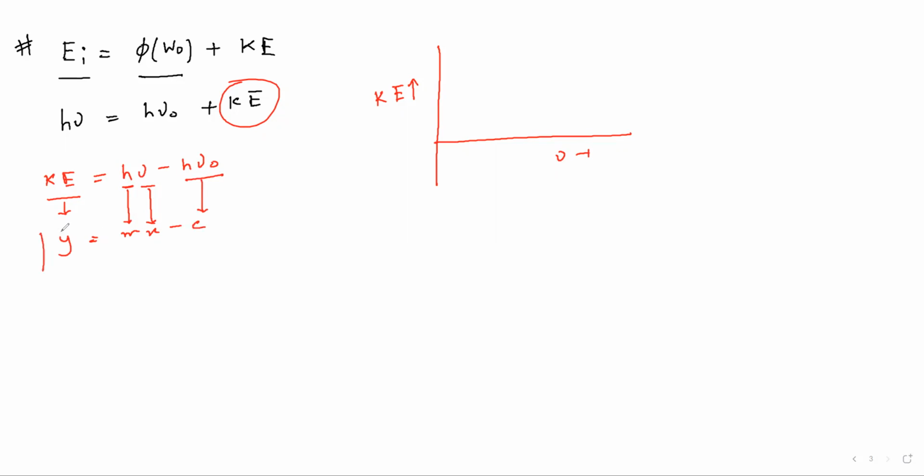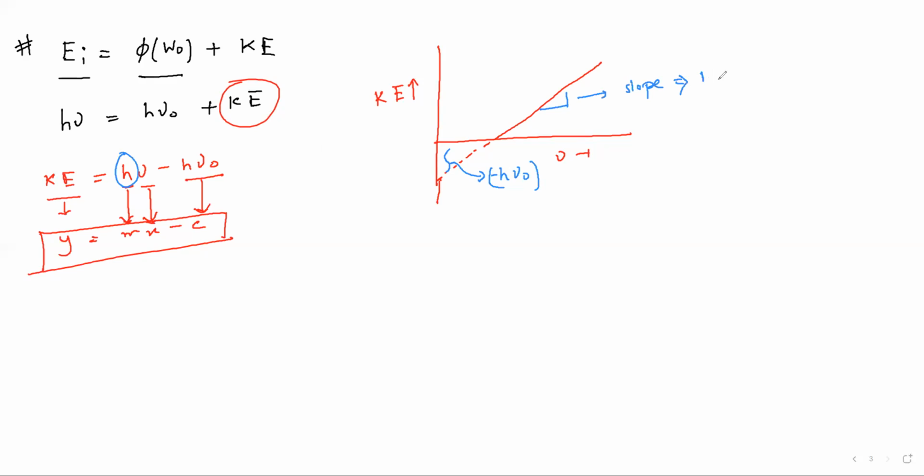So what is the nature of the graph? y equals m x minus c. This is a straight line with negative intercept. This negative intercept value is basically h nu naught, and this is the slope. Slope is basically h, the Planck constant.